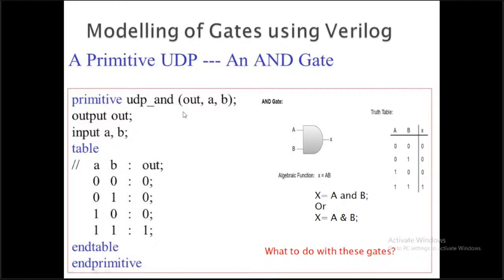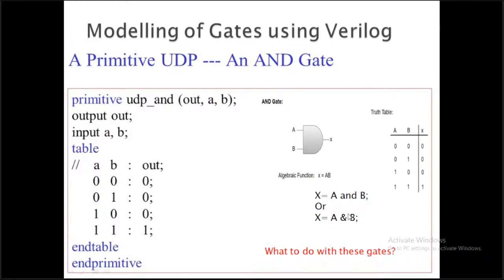We define UDP, which is basically the user-defined primitive. In some simulators you will get some syntax already installed. Like if you are using an AND gate, there is an AND symbol you can see here. By using the direct AND symbol, the simulator will work and simulate it.